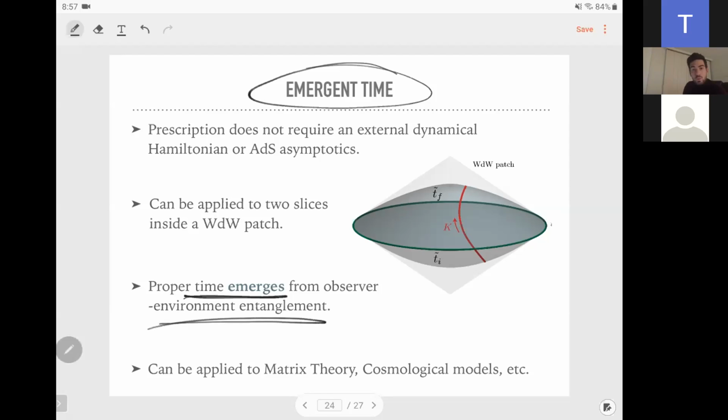And it's the one that emerges from the entanglement of the observer with the environment. So an interesting question to ask for the future is whether this is part of a bigger story that is more universal and more general and applies to other systems describing quantum gravity. And I'll end here. Thank you for your attention.